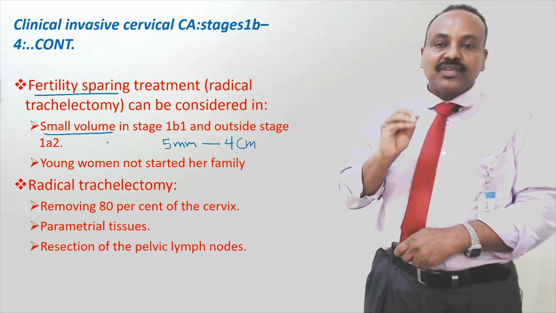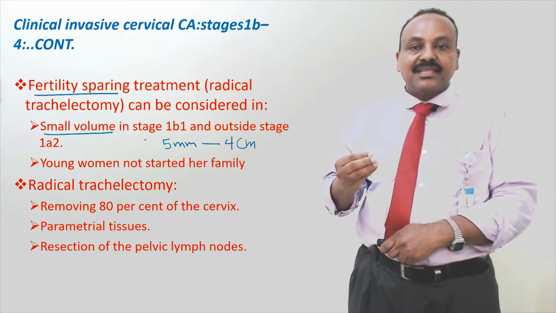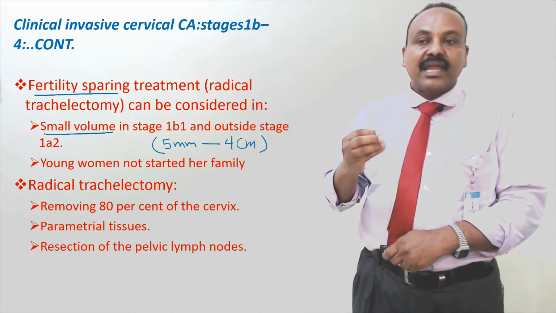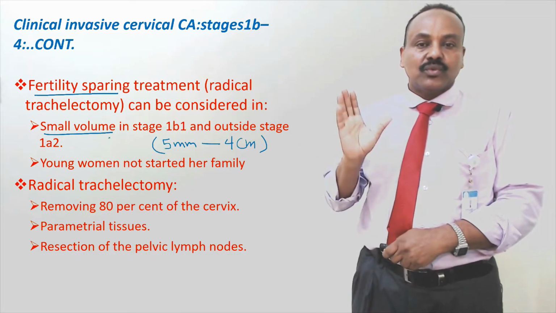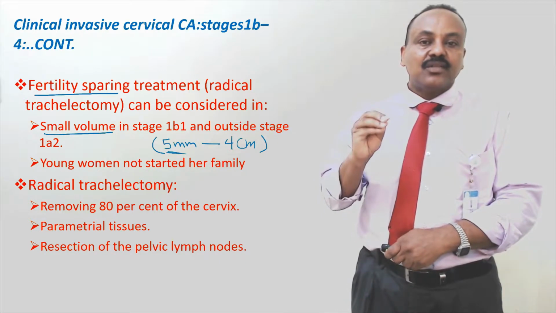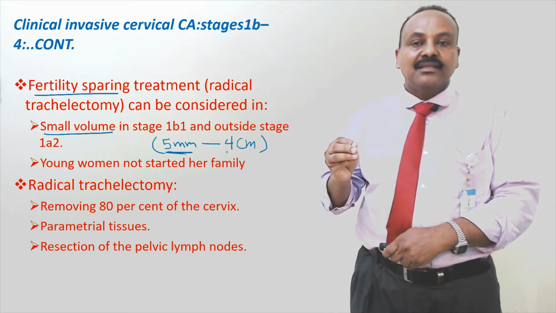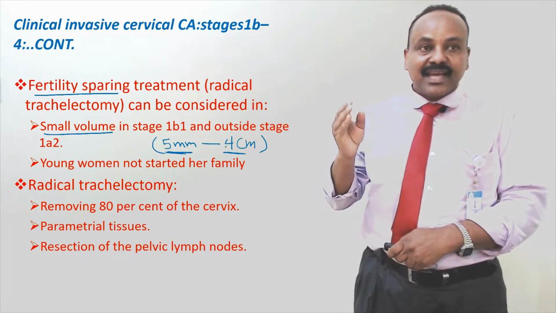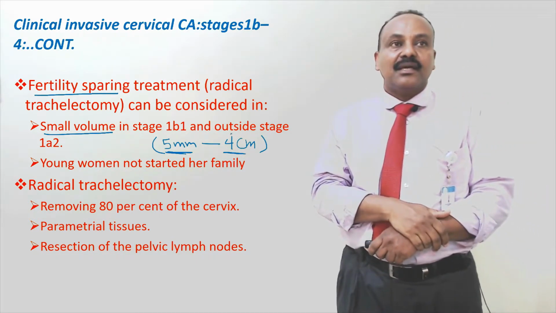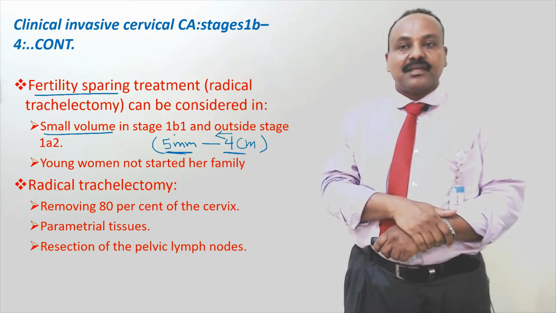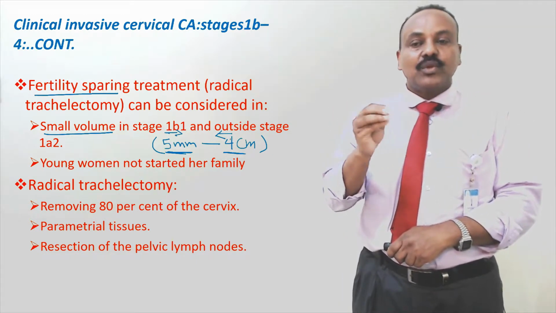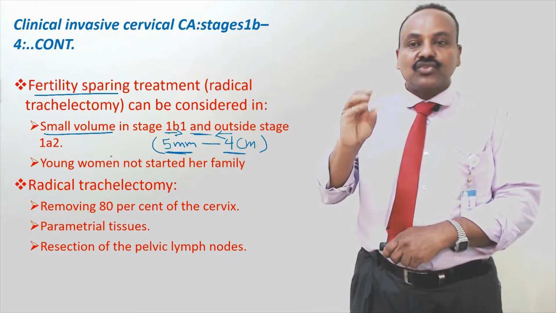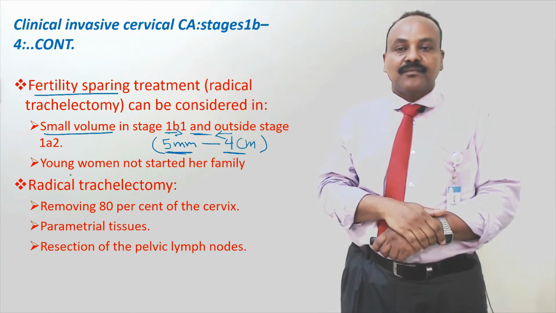This type of treatment is suitable for early stage small tumors in stage 1B1 and outside stage 1A2. Stage 1B1 is less than 4 centimeters. So fertility sparing treatment is suitable for these stages.